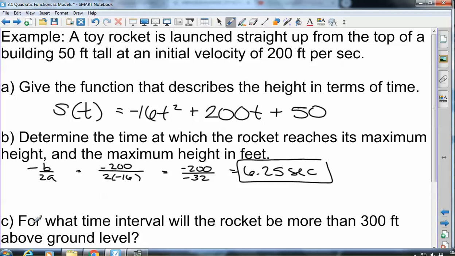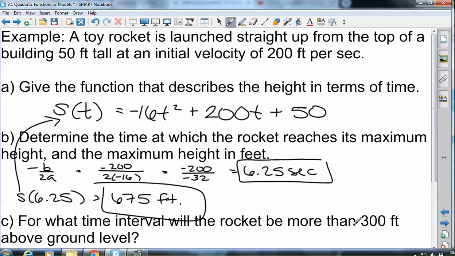So then how did we find the maximum height? Plug that in for t. I'm not going to write all that out, but I'm just plugging it into this equation. We got 675 feet. So that would be our maximum.